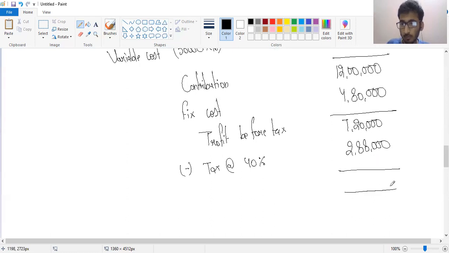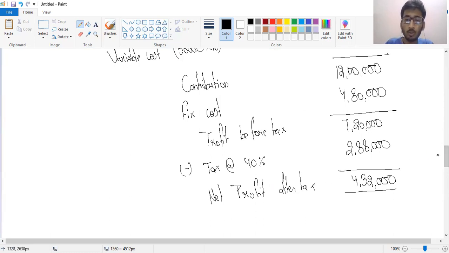So what is the profit? Net profit after tax is 4,32,000.